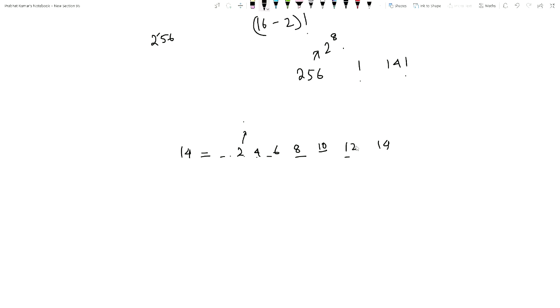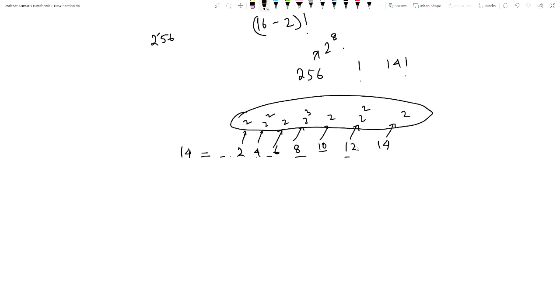So here 2 will come, here 2 square will come, here 2 is there, here 2 cube is there, here 2 is there, here 2 square is there, and here 2 is there. So the maximum factor of 2 that you can get out from here is 2 plus 1, 3, 4, 5, 6, 7, 8, right? So if you take till this only, it's coming to the power 8.